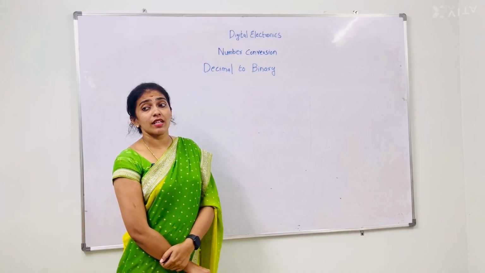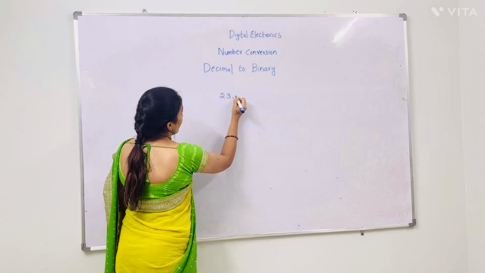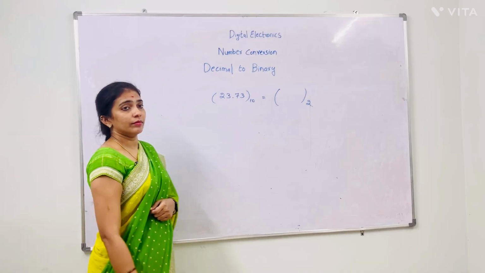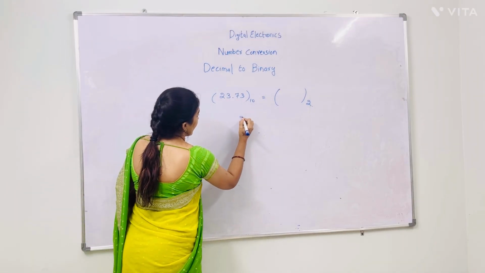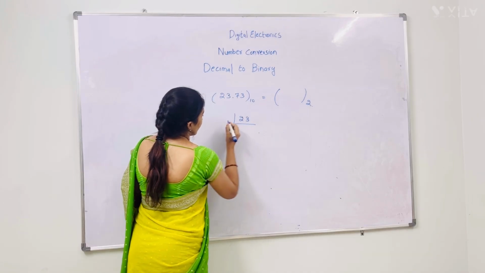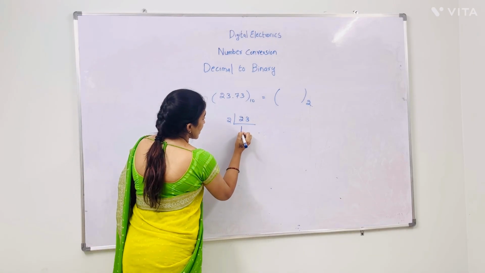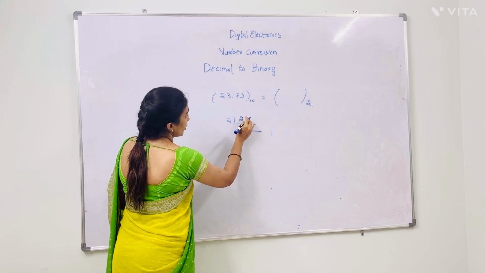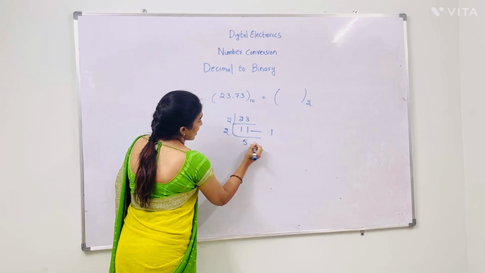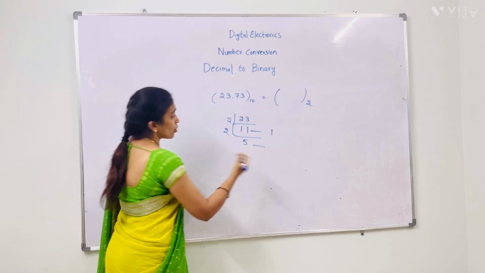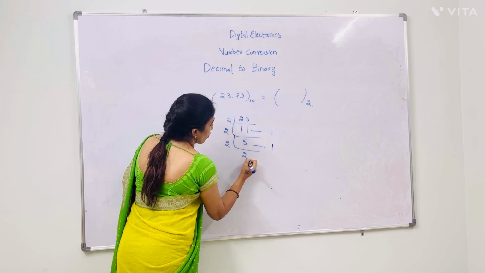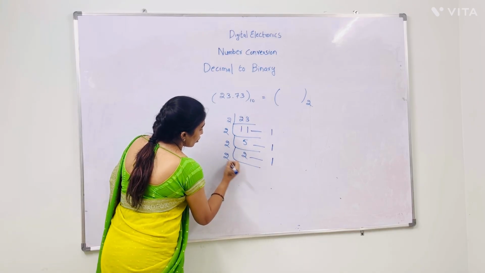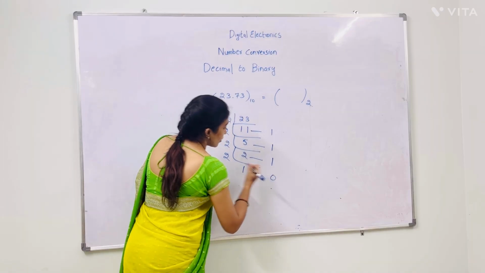Here we can take one more example: 23.73 base 10, which we have to convert to binary. Simply divide the integer part by r, that is 2. 2 ones are 2, remainder 1. 2 5s are 10, but here we have 11, so the remainder is 1. 2 2s are 4, but we have 5, remainder 1. 2 1s are 2, remainder 0.